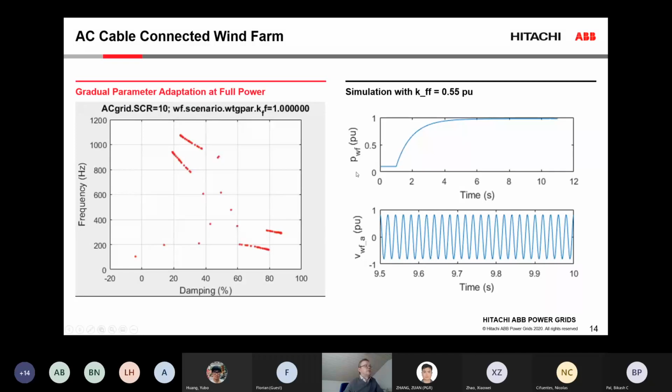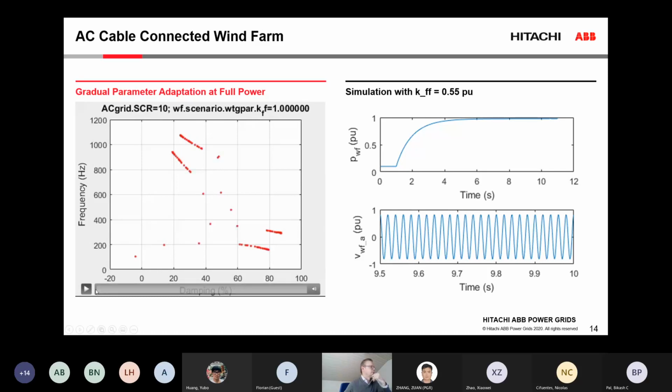So as a verification here, we can reduce the feed forward gain. So instead of using 100% voltage feed forward, I simulate going down to 55%. And so now when I sweep here, I change the voltage feed forward gain.